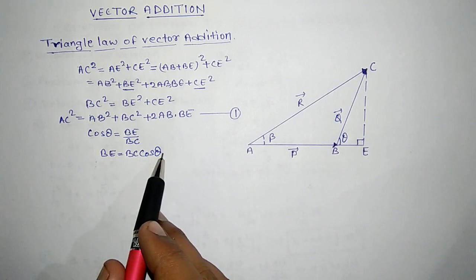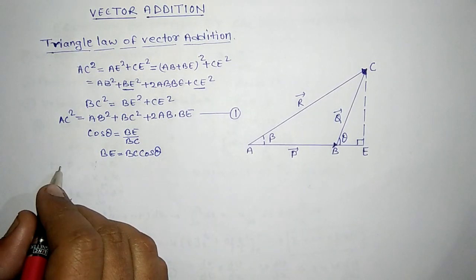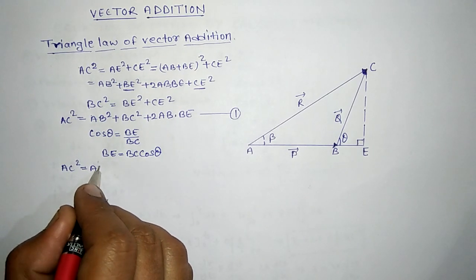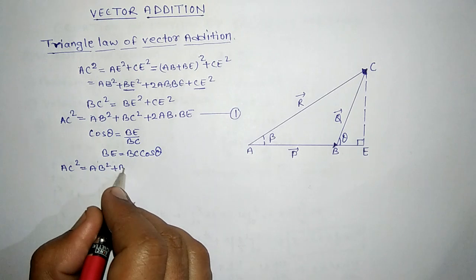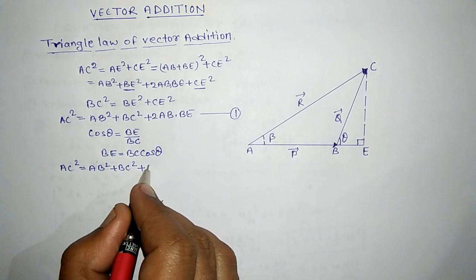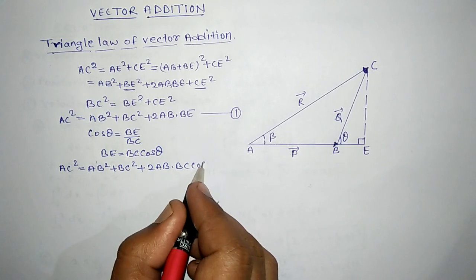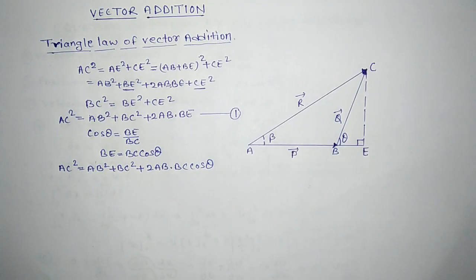Substituting the value of BE in equation number 1, we will get AC square is equal to AB square plus BC square plus twice AB into BC cos theta.